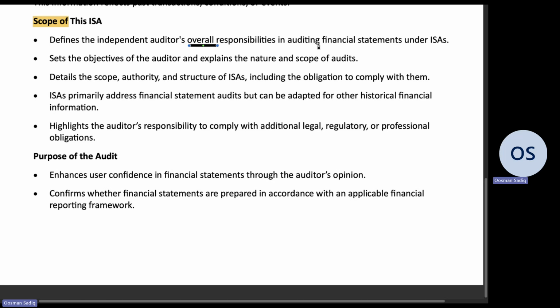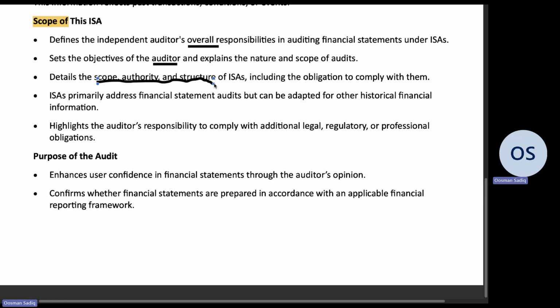Now, what do you mean by overall? What an auditor has to do? It sets the objective of the auditor and explains the nature and scope of the audits. It details the scope, authority, and structure of the ISAs.